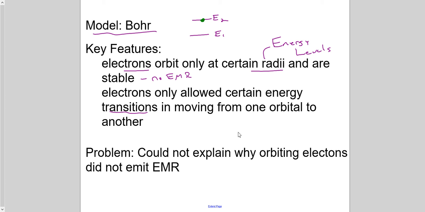Now, the Bohr model still has its flaws, as anything that was developed by scientists 100 years ago. It wasn't totally insightful. For example, it could not explain why orbiting electrons did not give off electromagnetic radiation. So we still picture these things going around the nucleus in the Bohr model of the atom, so they still are accelerating. So Bohr didn't really have a clean solution for that.